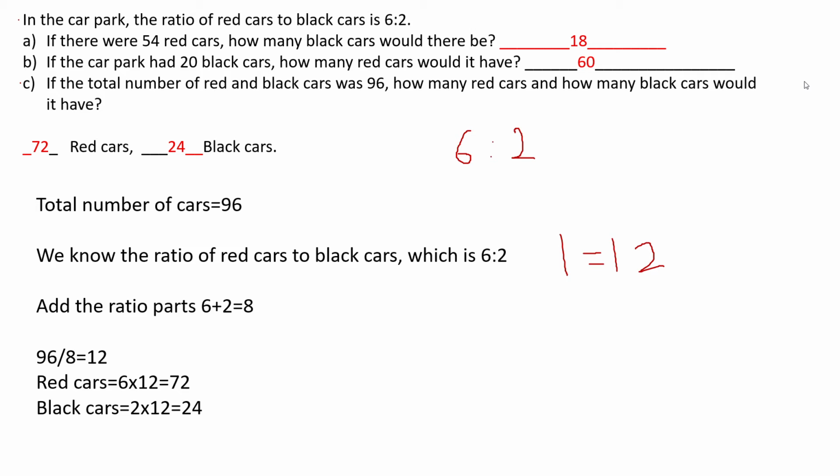The red cars equals 6 times 12 equals 72. Since there are 6 parts in the red cars, you have to times by 6, creating 6 parts, and times by 6, showing how many cars there are. So there are 72 red cars.